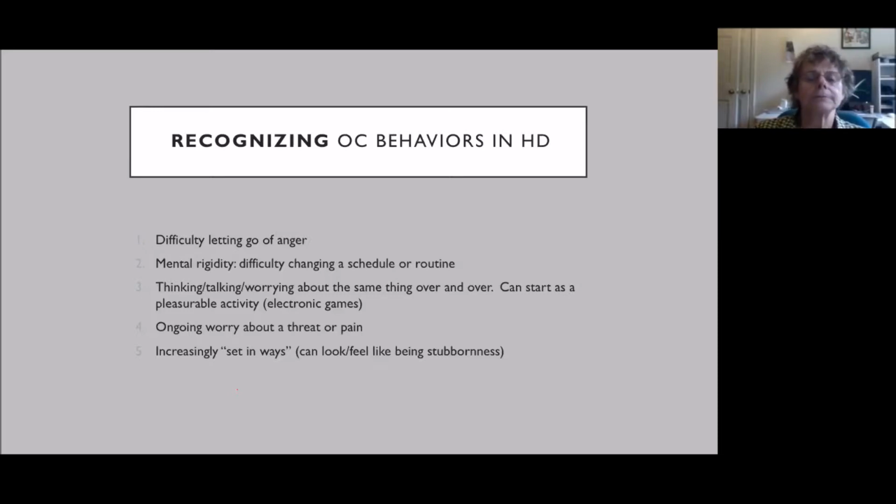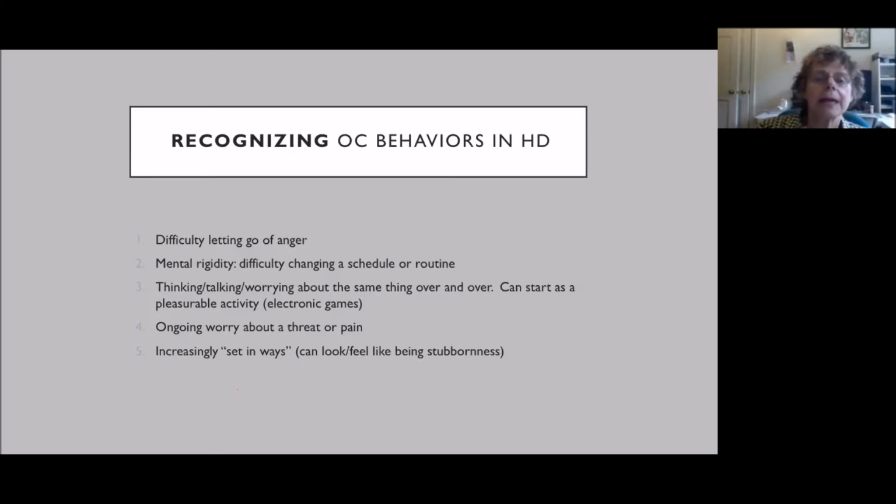That's a form of mental rigidity, as is difficulty changing schedules or routines, which can be upsetting to those with Huntington's. It's an inability to switch from the routine to something new.